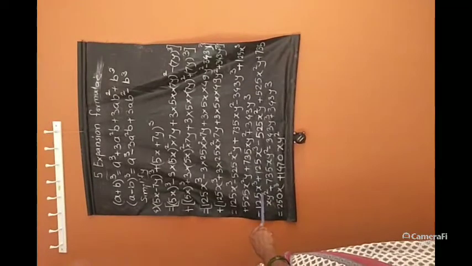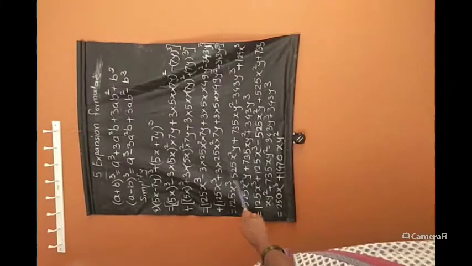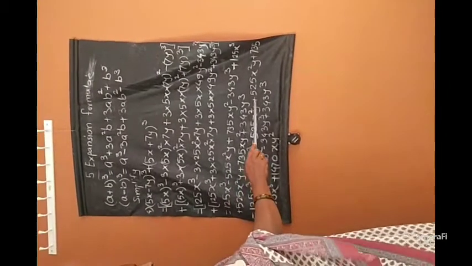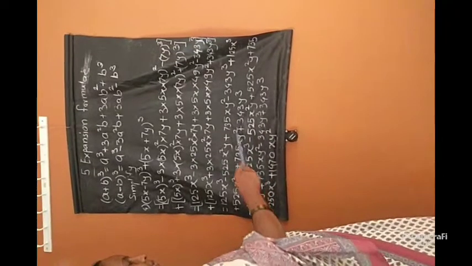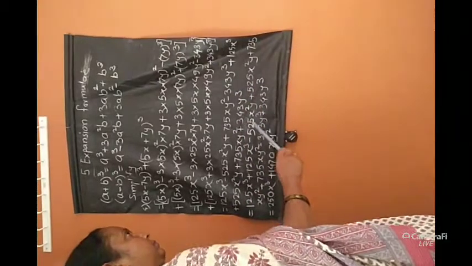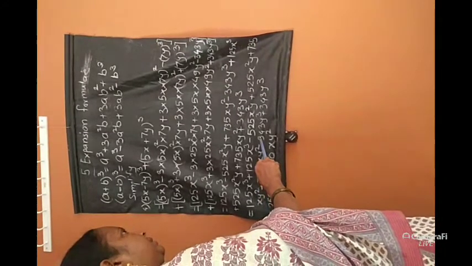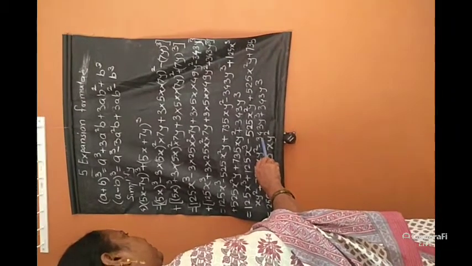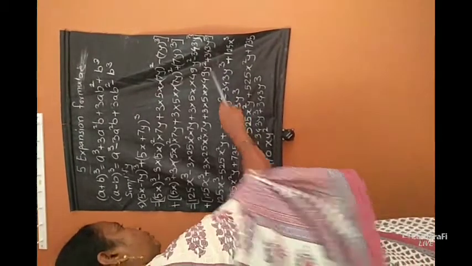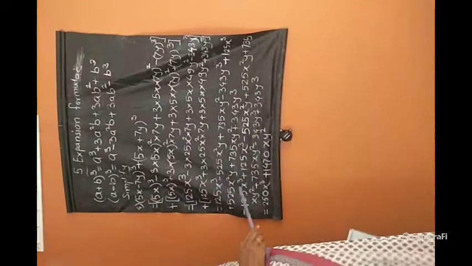It will be 125x³ + 125x³, then −525x²y + 525x²y, then 735xy² + 735xy², and then −343y³ + 343y³. Similar terms are taken next to each other and we have to add them.